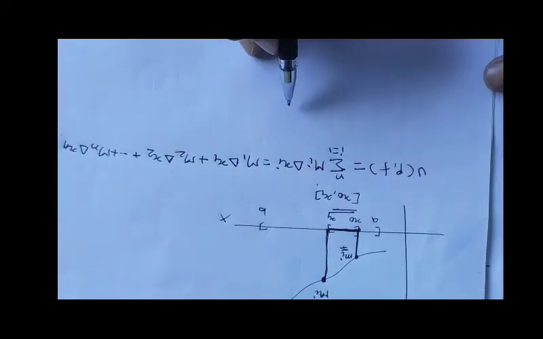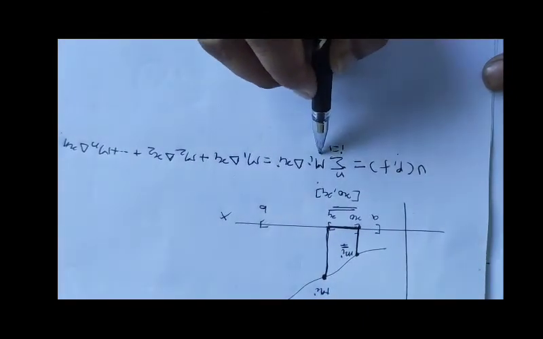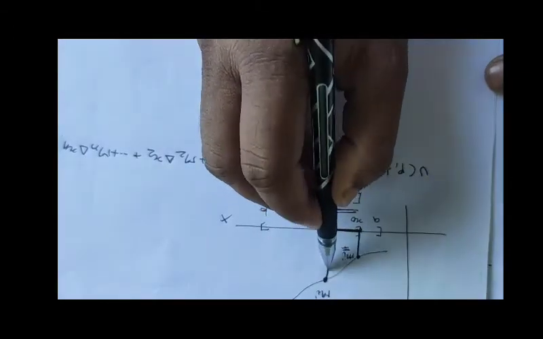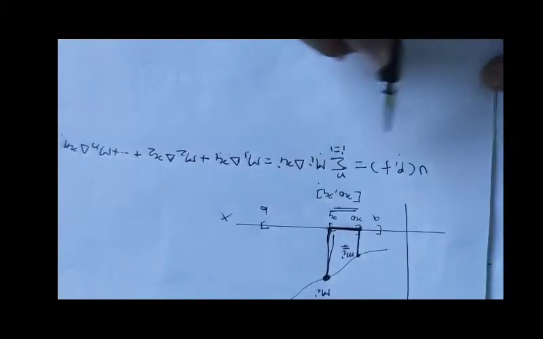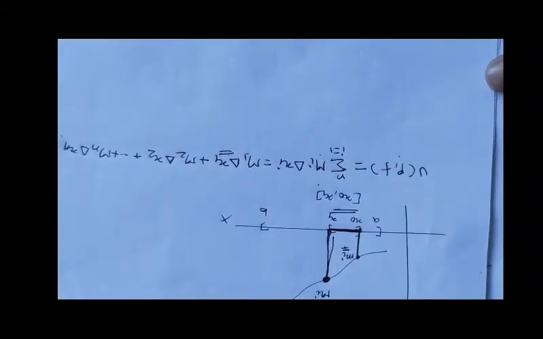What does this mean? M1 delta x1 means on the first interval take the maximum value, capital M, into delta xi, the length of the interval.